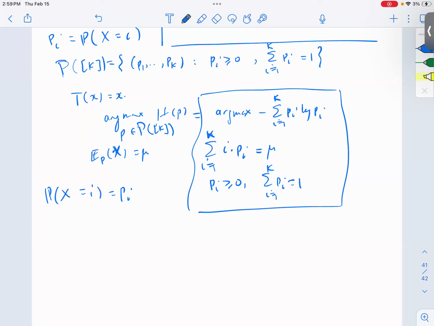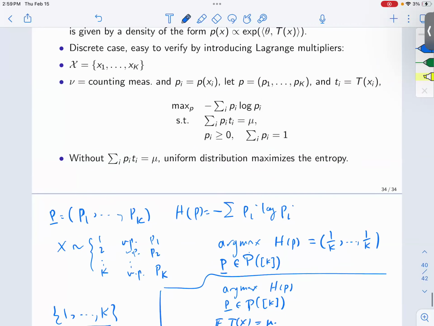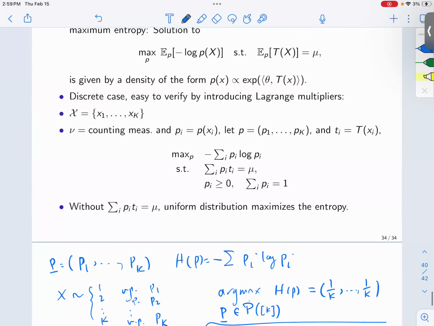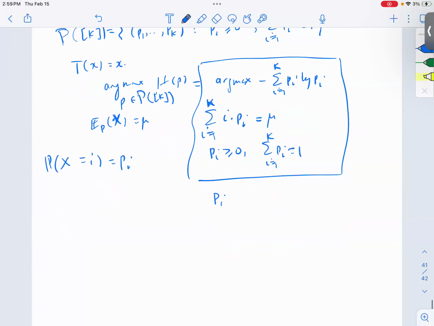And the way that we do it is you introduce a Lagrange multiplier associated with this constraint. If you introduce a Lagrange multiplier, you can write down the solution. So maybe do it quickly.